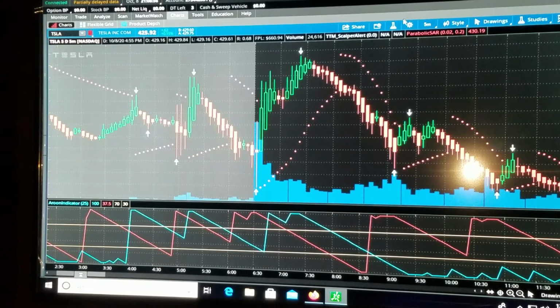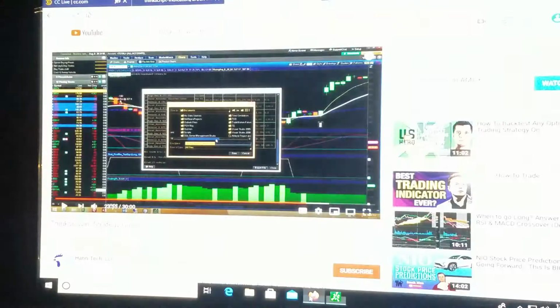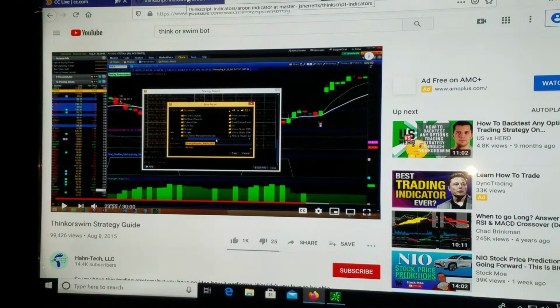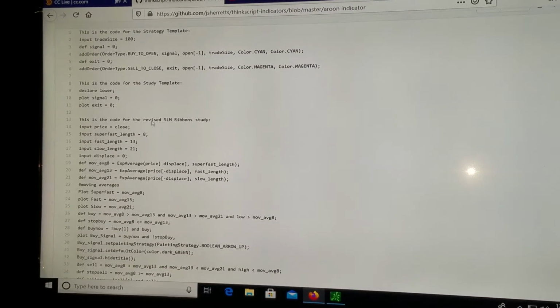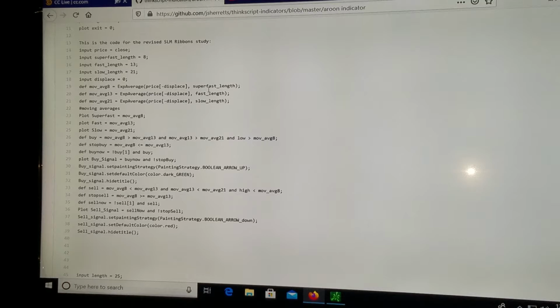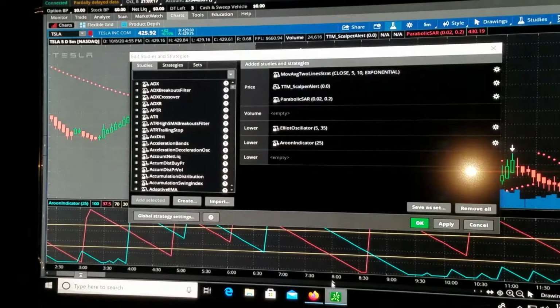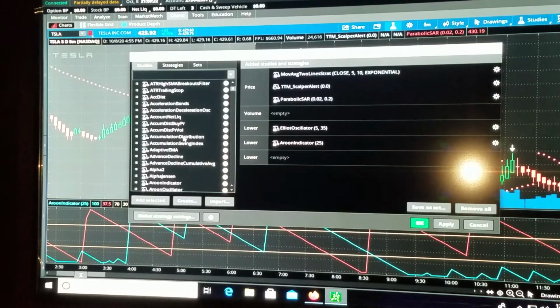Okay, so now we've got more things here. So we've got a fast and a slow. Now we can come in here and put as many moving averages as we want.